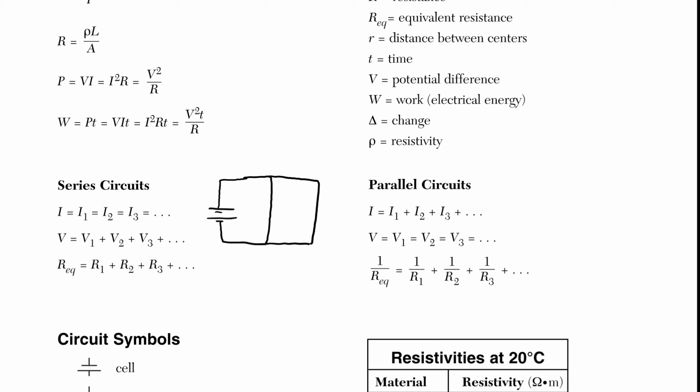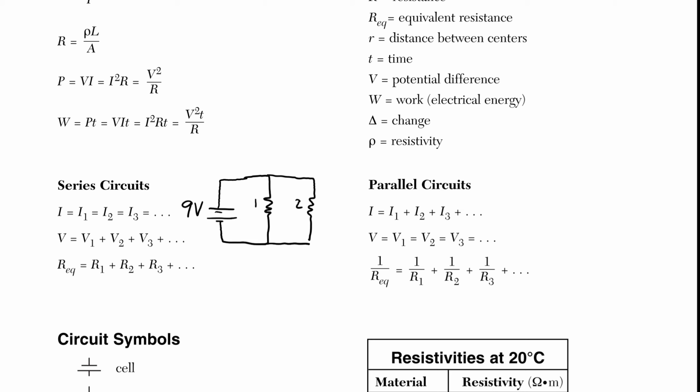Now let's draw some resistors here, because we wouldn't just have wires, we would have resistors in each branch. So this is one branch with resistor 1, and this is another branch with resistor 2. What can we say about these? Well, the voltage supplied to the circuit, let's say it's a 9-volt battery.